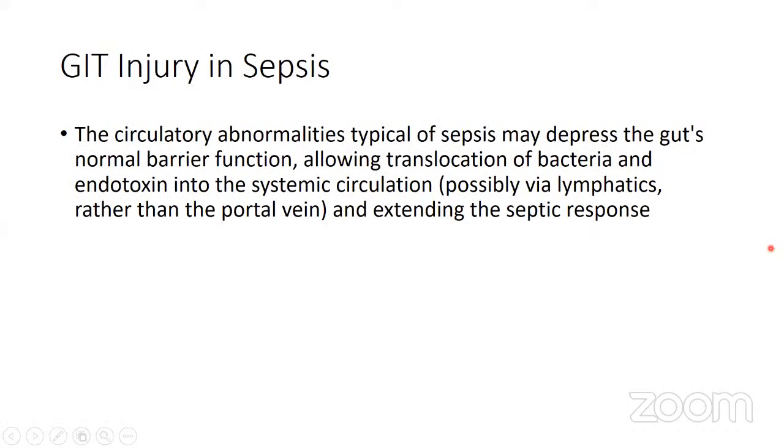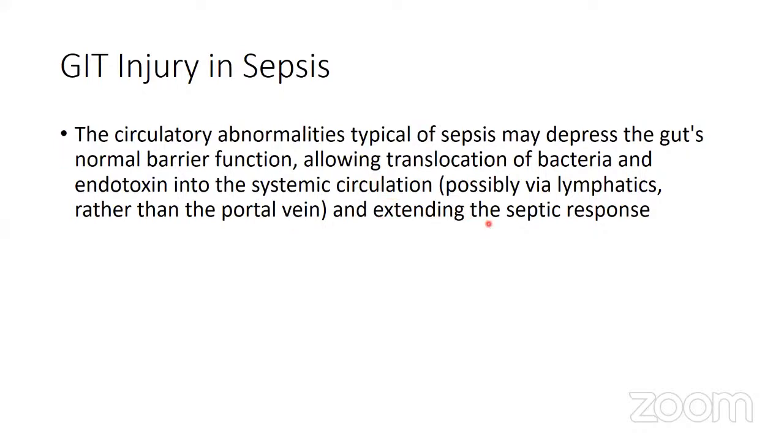So in the GI, the good thing, we have a presenter next week who is going to deal with the microbiome. Therefore, I'll just mention something very small. The circulatory abnormalities typical of sepsis may depress the gut's normal barrier function, allowing translocation of bacteria and endotoxin into the systemic circulation, possibly via lymphatics rather than the portal vein, and extending the septic response.